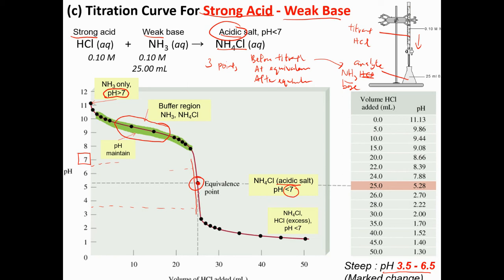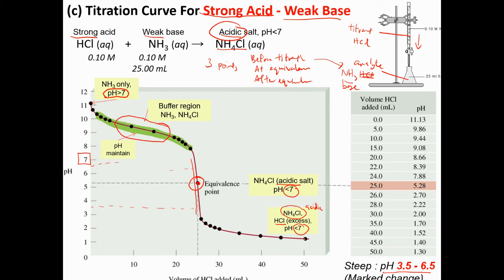Then again you continue with the titration, adding more HCl, and then finally you will get salt. The salt is still acidic salt. At the same time, you will get strong acid, HCl excess. That's why our pH will be also less than 7.